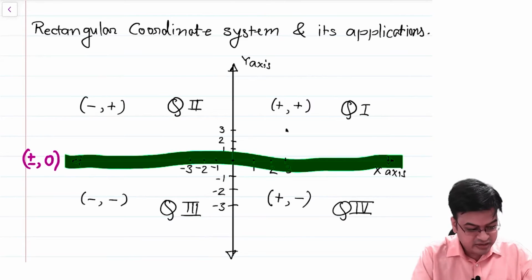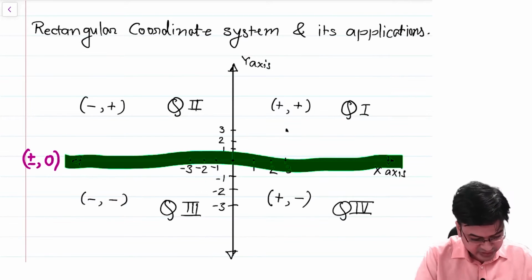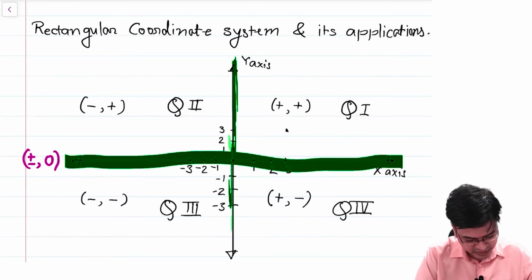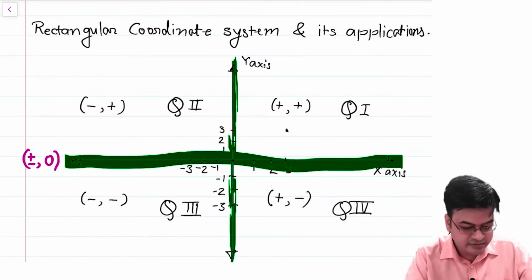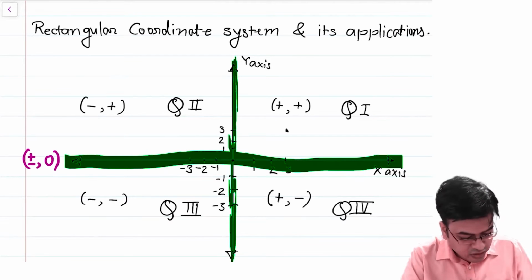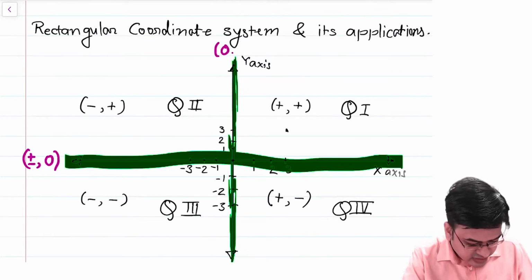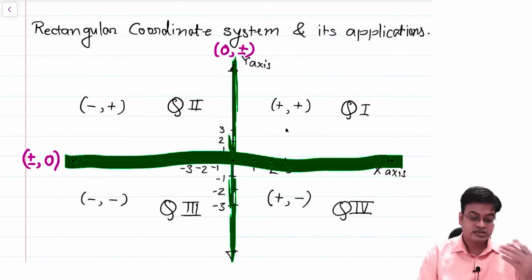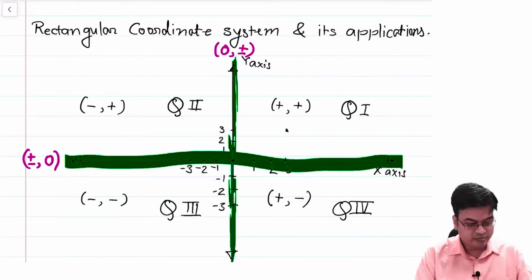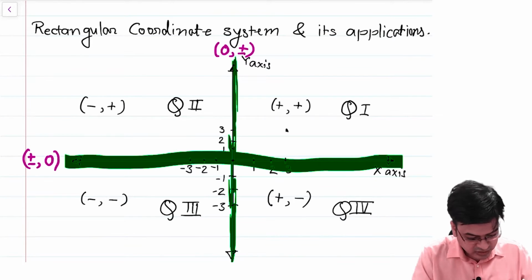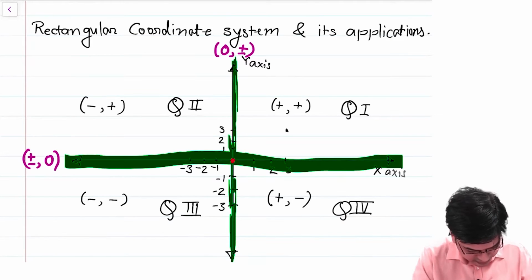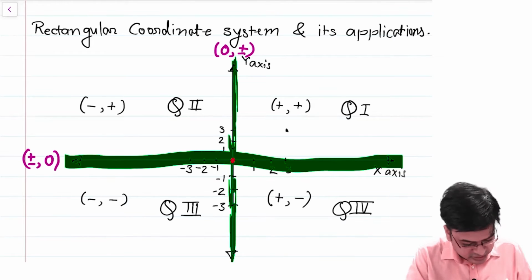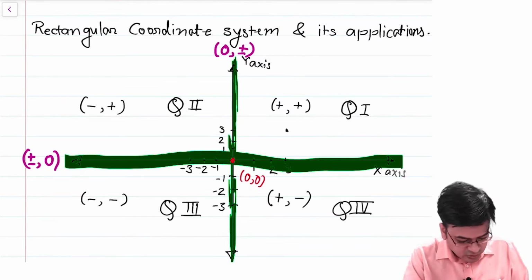In a similar manner, I can translate the classification of the y-axis, which is the vertical line: on the x-axis it will take the value 0 and on the y-axis it will take the value plus or minus. Still, I am not classifying a point which is located here, and that point is nothing but 0 0, and that point is named the origin.